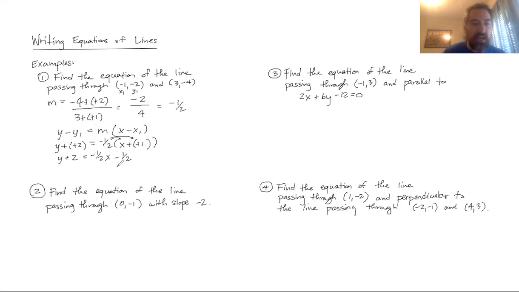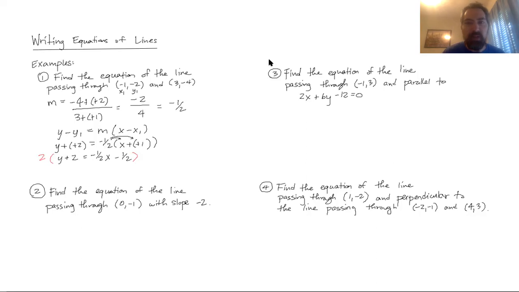Now if I'm writing this in general form, a good next step is to get rid of the fractions by multiplying by 2. And you can do this whether you're putting it in general form or slope-intercept form, because fractions are always messy. So let's multiply everything by the denominator, which is 2.